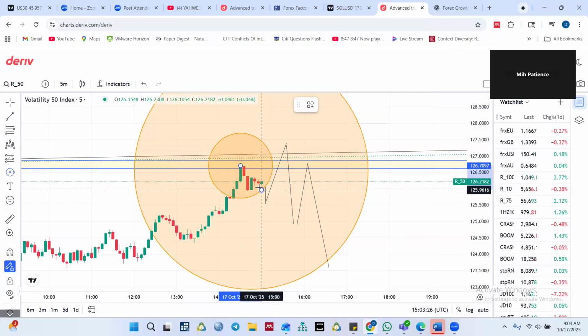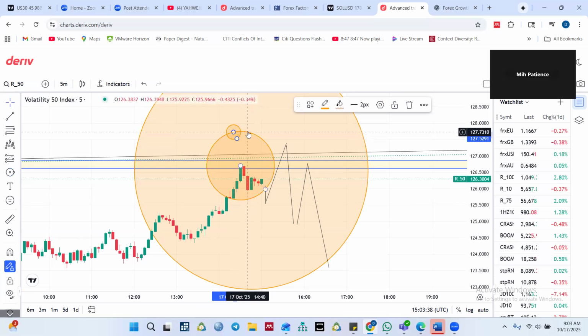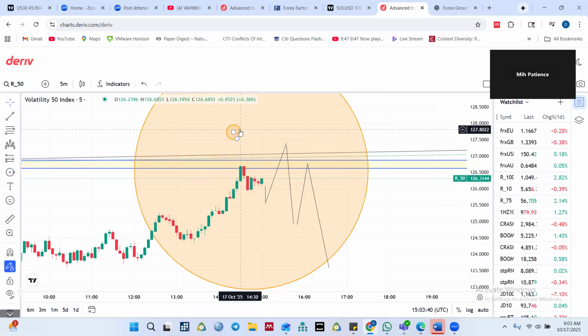We don't have any break of structure on the 5 minutes, so it means this trade is not time yet. Perhaps price wants to even go to 78.6%, because we have the 61.8% and we have 78.6%.